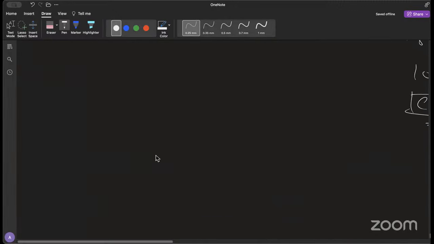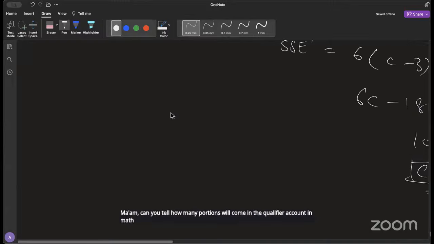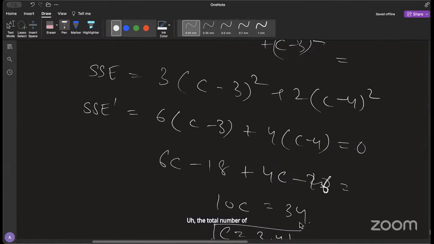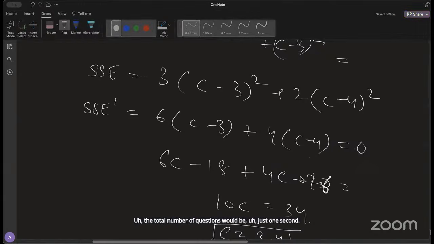Ma'am, can you tell how many questions will come in the qualifier exam in math? The total number of questions would be, just 1 second. So it's like around 11 questions, 11, 12. There are subparts too.